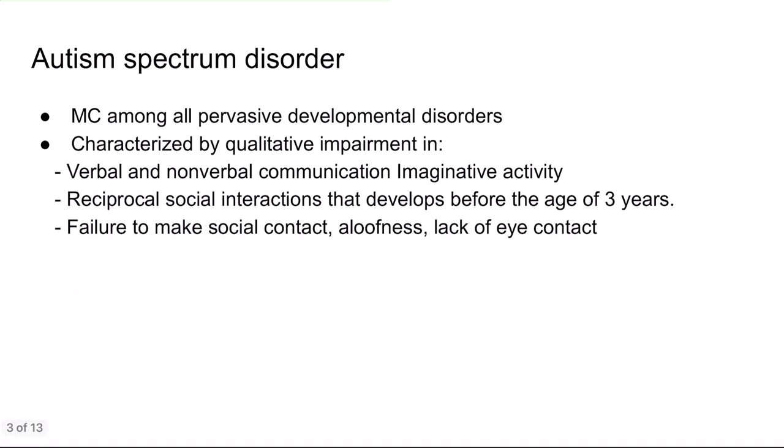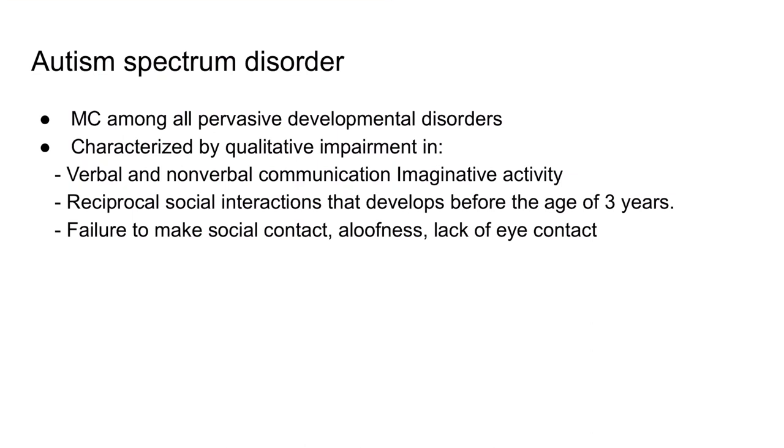In this video, we're going to see about the autism spectrum disorder. The disorders included under autism spectrum disorders are autism, Asperger syndrome, and Rett syndrome. Autism spectrum disorder is the most common among all pervasive developmental disorders.